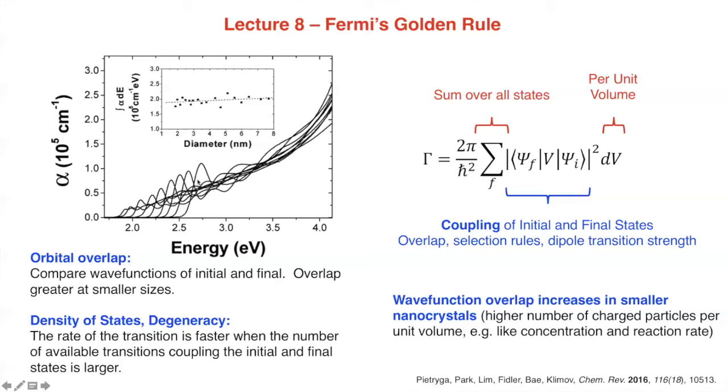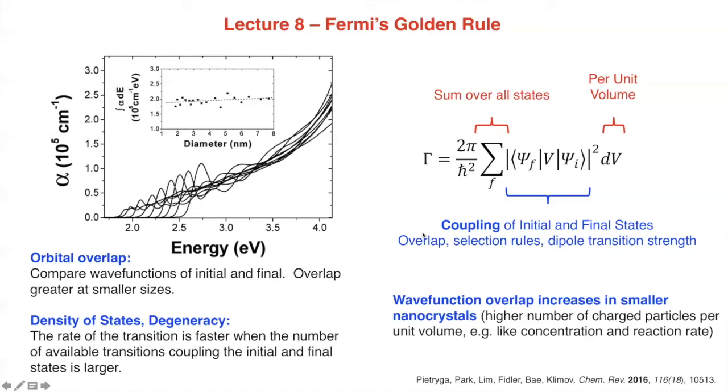And so for a given volume of material, the small particle's lowest energy optical transition is much more intense than the large particles. And that's because of orbital overlap, at least partly because of orbital overlap. In a small nanocrystal, the electron and hole have a higher concentration. Their wave functions are more strongly overlapping than in a large one. And so the intensity of this bump here is much higher than that one.